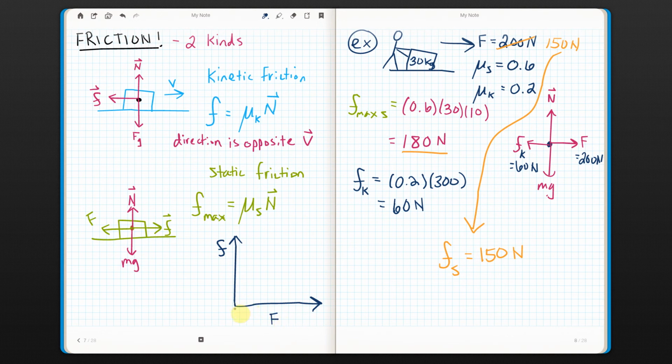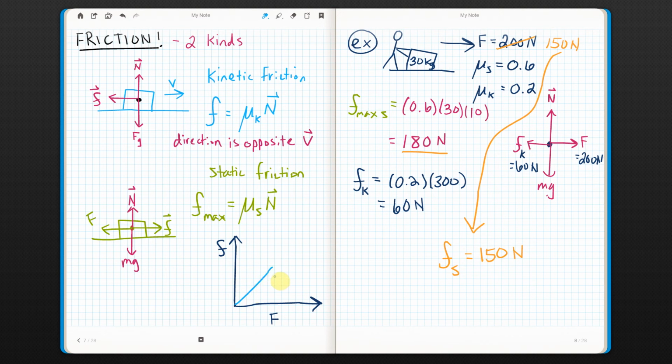So when you're not pushing, I'm going to start at 0, the friction is 0 too. As I push harder and harder, the frictional force will push back harder. It will compensate.